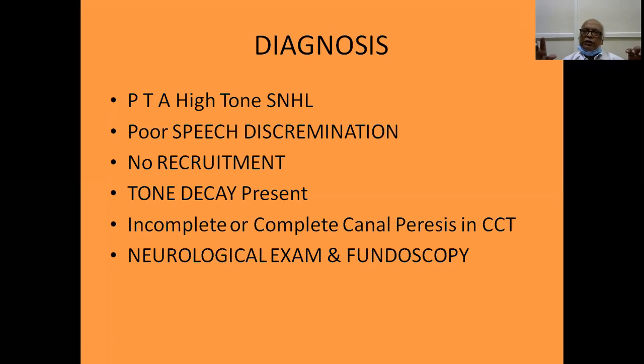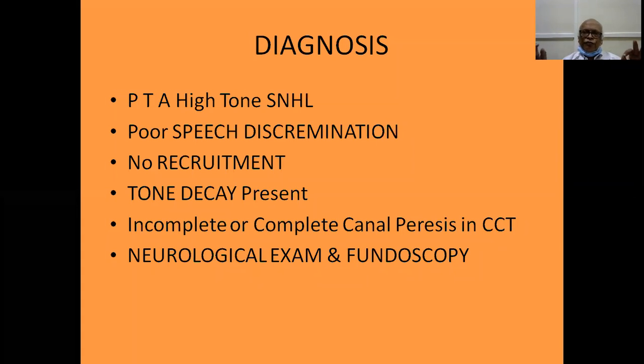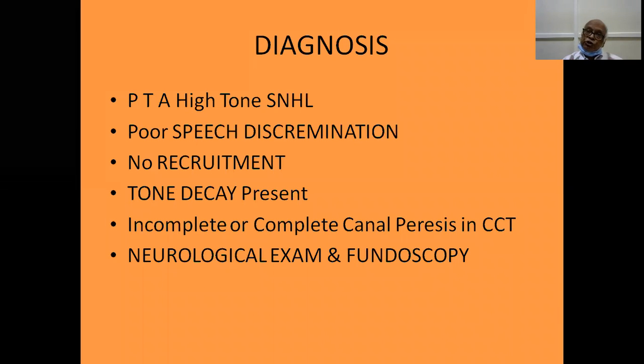If the score is high, say about 80 to 90% or even higher, then it must be a case of end organ lesion like Meniere's disease. If the SISI score is very low, then it is of no significance. If the score is in between, say about 20 to 40% or 50%, then it has to be evaluated further. We might be dealing with a case of retrocochlear lesion like acoustic neuroma.